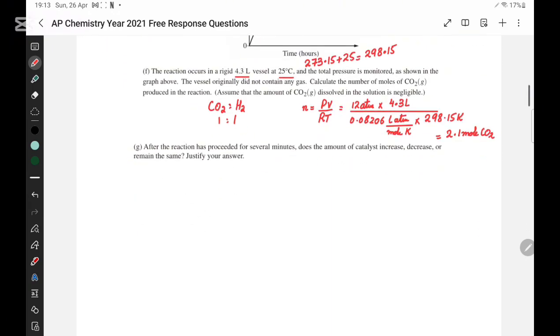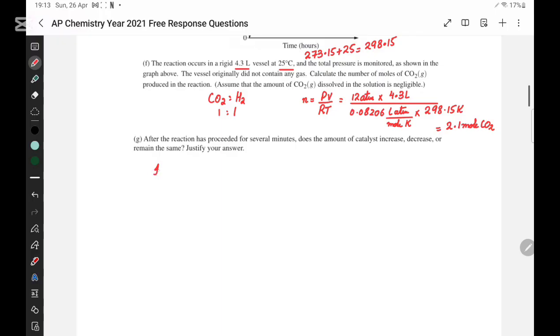After the reaction has proceeded for several minutes, does the amount of catalyst increase, decrease, or remain the same? So we know that the amount of catalyst doesn't change during the reaction, it only increases the rate of reaction by decreasing the activation energy. So we can write that it would remain the same.